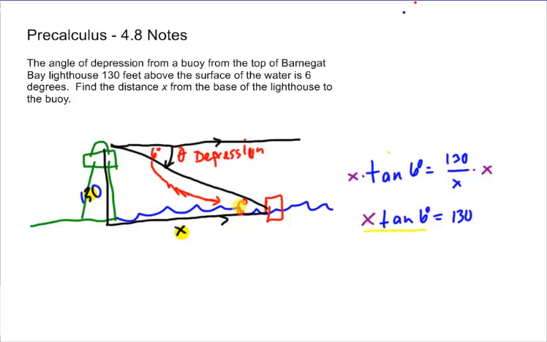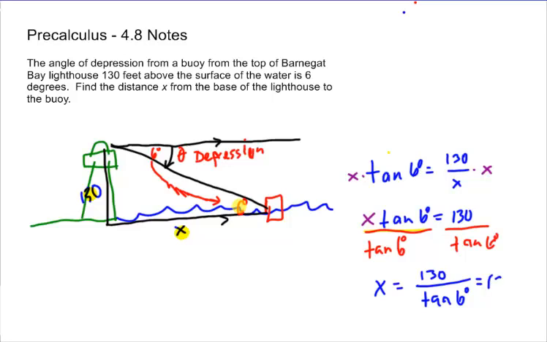Let's use a different color. Divide everything by the tangent of 6 degrees. And since you're in degrees, make sure that your calculator is set to degree mode, or add the degree symbol. And what you're going to end up with is x equals 130 divided by tangent of 6 degrees, which in this case, when you punch it in, you should get 1,236.9 feet, because we're dealing with feet.